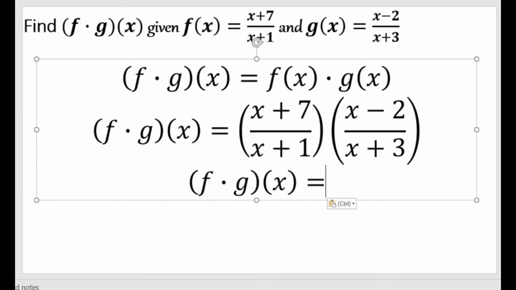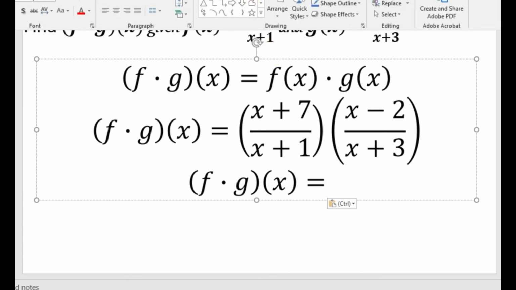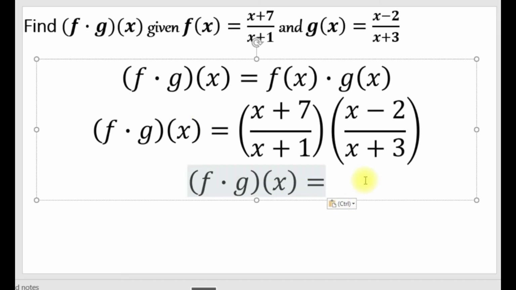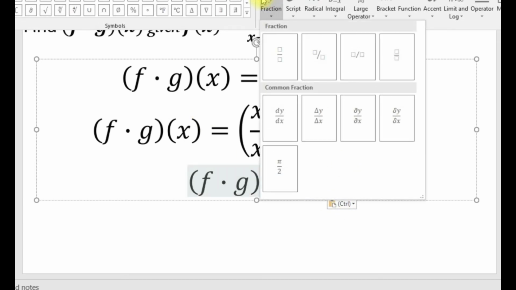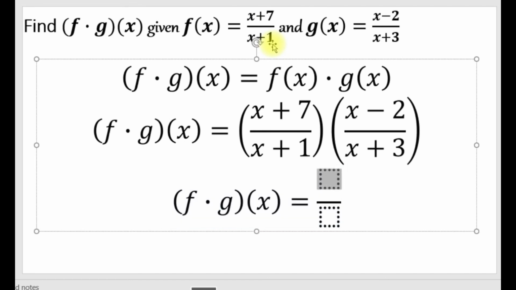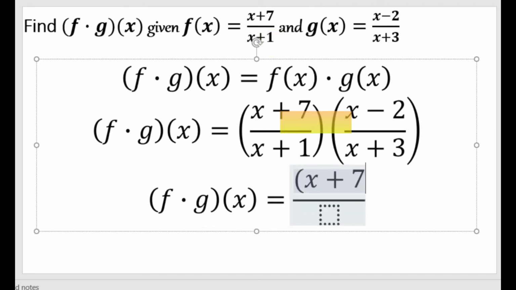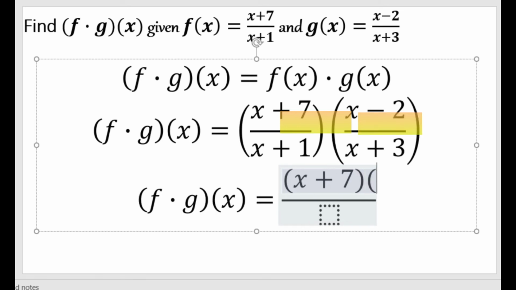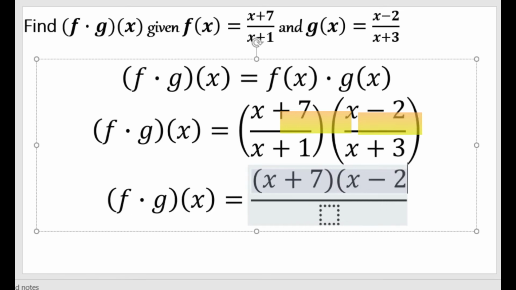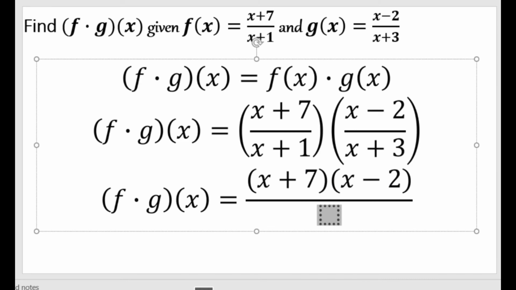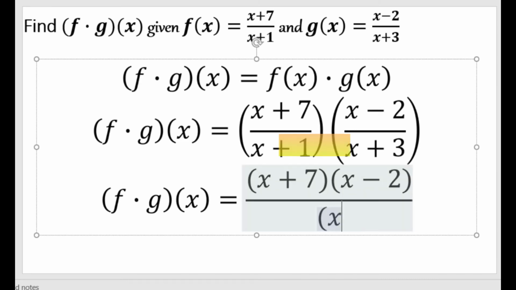Doing that, we're going to have x plus 7 multiplied to x minus 2. And then for the denominator, we'll have x plus 1 multiplied to x plus 3.